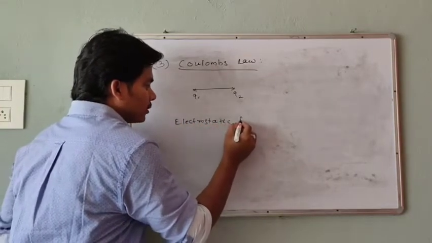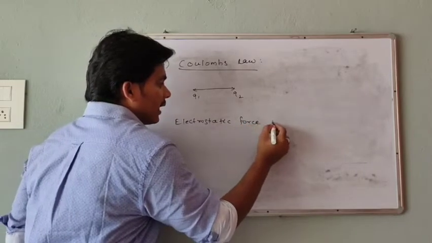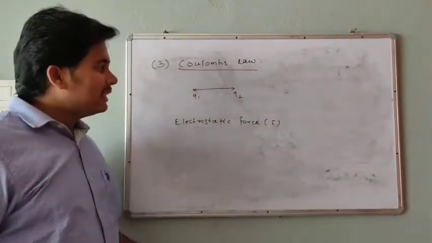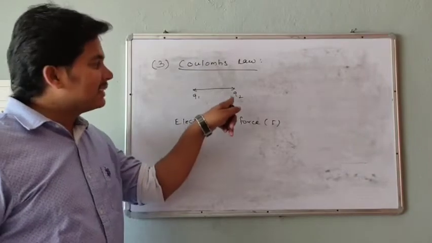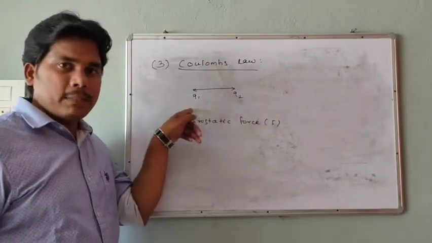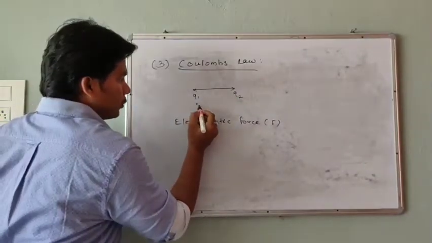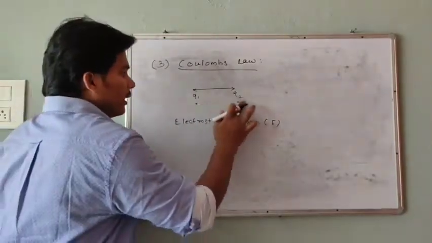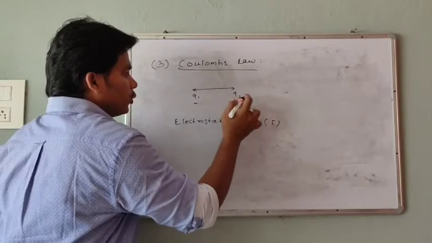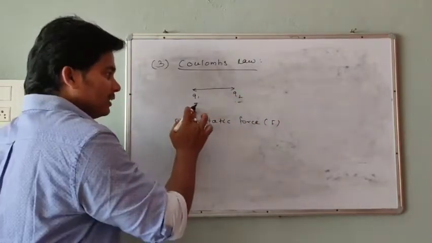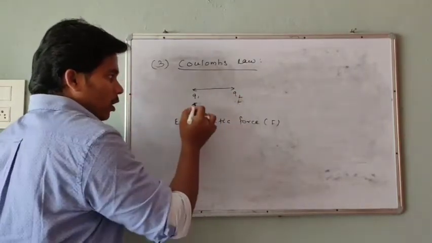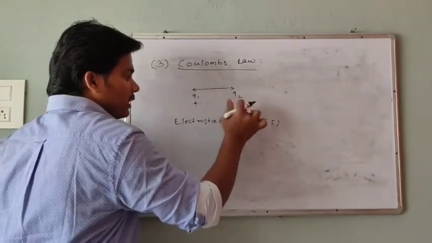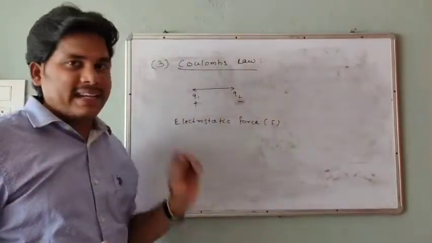Electrostatic force, or simply I will write F. This electrostatic force may be attraction or repulsion. If both are positive, there will be repulsion. If both are negative, surely it will be repulsion. If one is negative and the other is positive, there will surely be attraction.